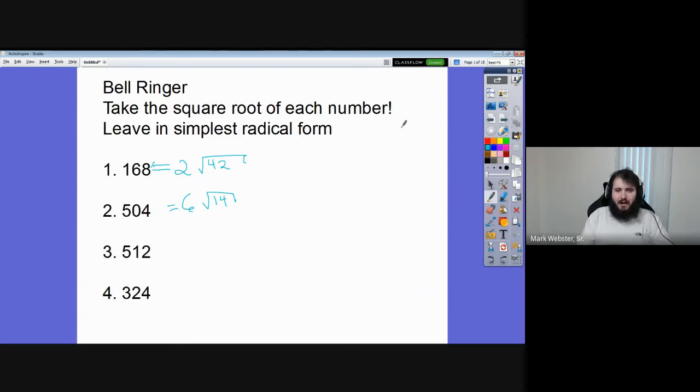Again, I'm breaking it down. Well, what goes into 512? Again, start with the lowest numbers that you can. Start with like 2. Try and break down 2, right? Well, what's half of 512? Let's do it again. What's half of 256? What's half of 128?